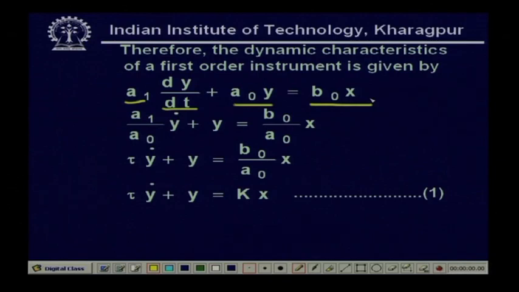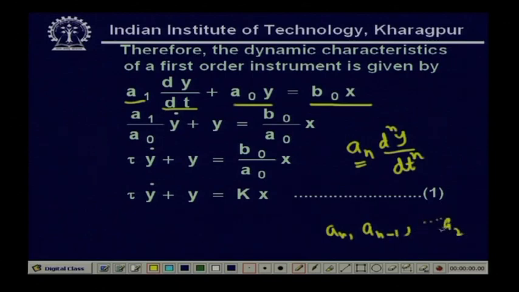This is similar, you see that if you remember our nth order differential equation, A n d n y by dt n, all those things, if you put all the coefficients from A n to A 2 equal to 0, I will get the characteristic equation of a first order instrument. So, exactly we got that thing, you can see here.